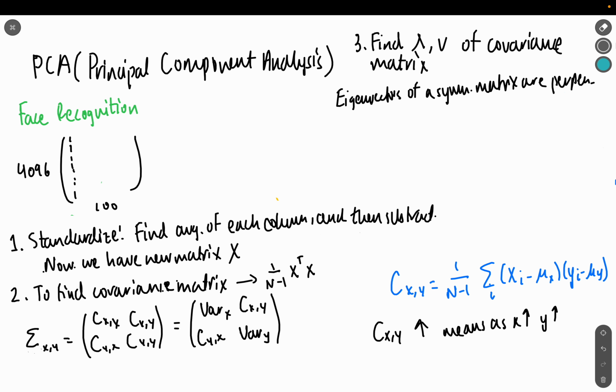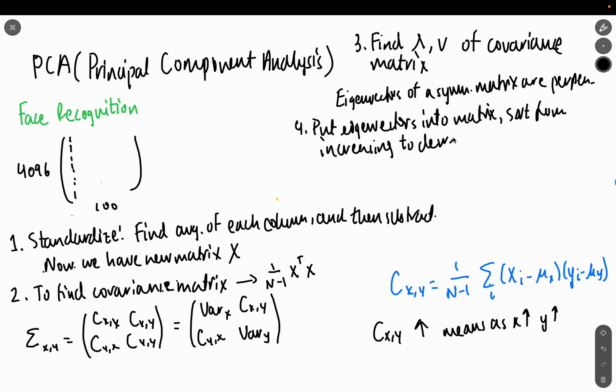Next what we're going to do: put eigenvectors into a matrix, sorted from increasing to decreasing eigenvalue.